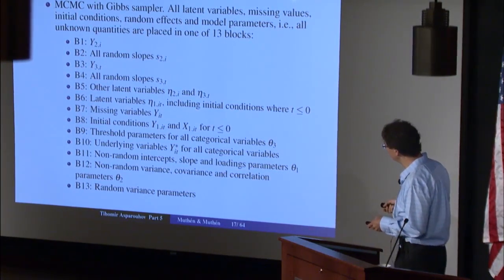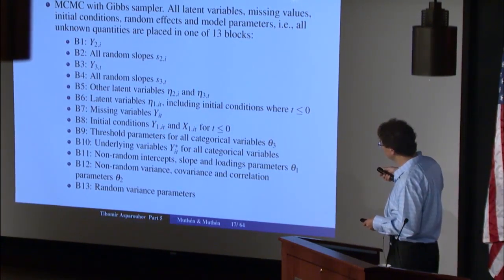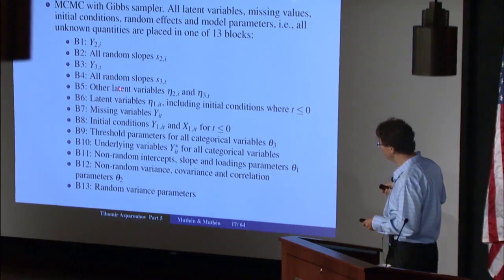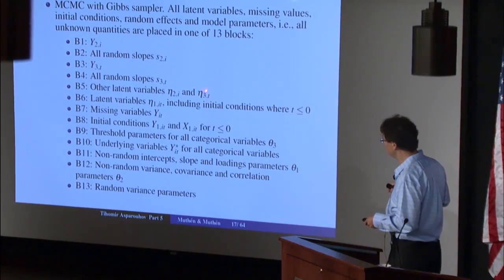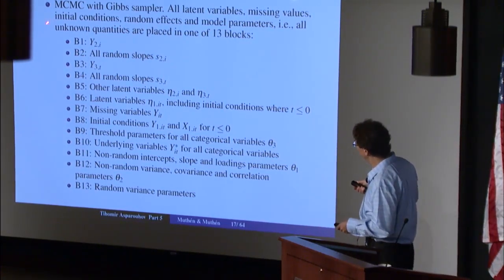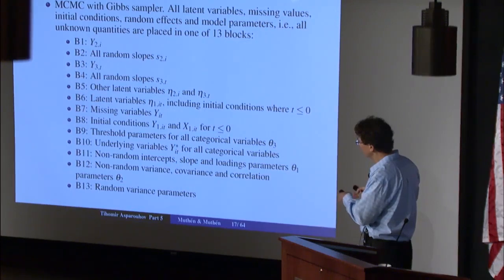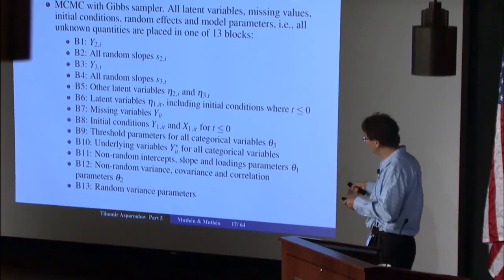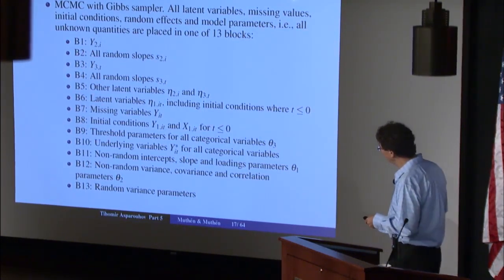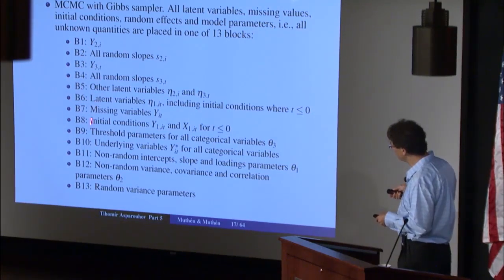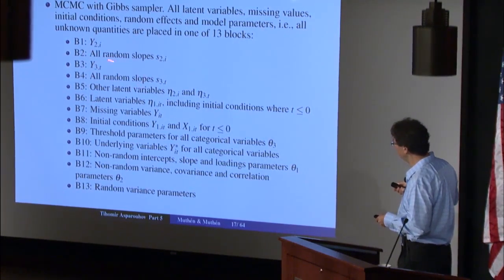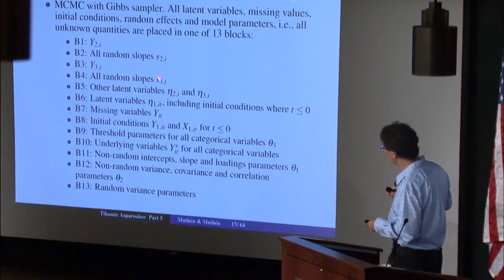The MCMC iteration updates each of these blocks using the conditional distribution. For each block, we determine the conditional distribution of that block conditional on all other blocks, and as we iterate through the blocks, we update the quantity for each unknown value.